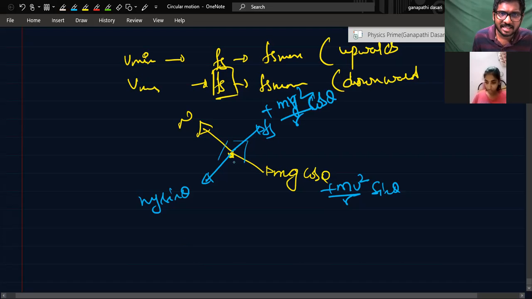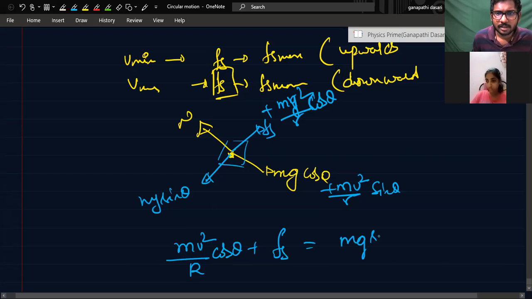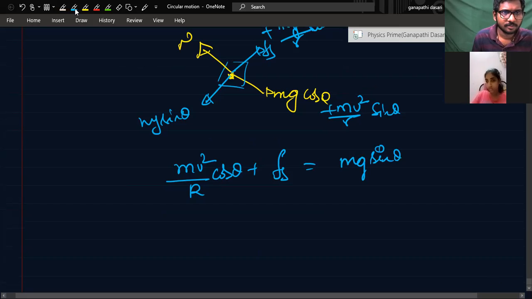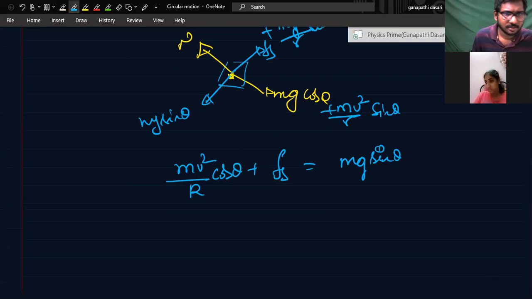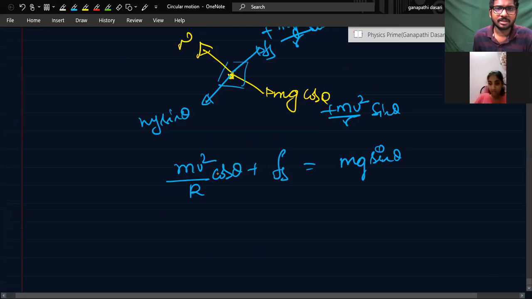Just for the balancing condition, I am taking mv square by r cos theta plus friction should be equal to mg sin theta. Got it? Are you understanding this? So Fs is how much?